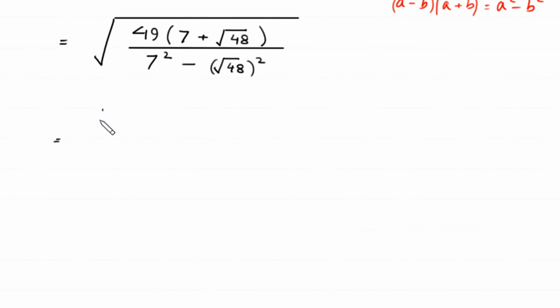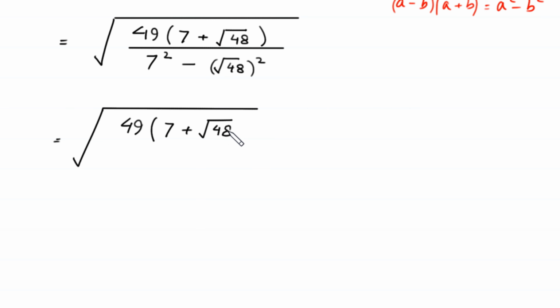Next, square root of 49 times 7 plus square root of 48 divided by, this 7 squared is equal to 49 minus, this square will be cancelled with this square root, and here left 48.